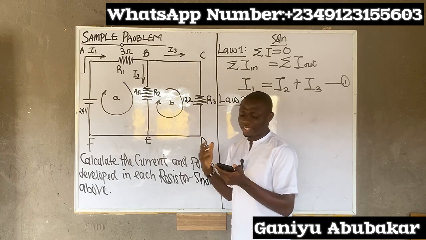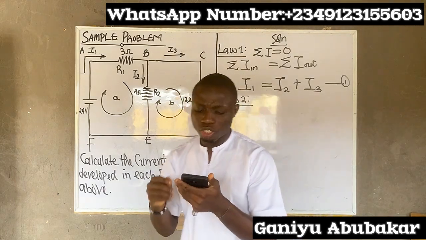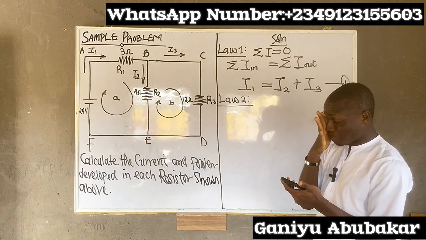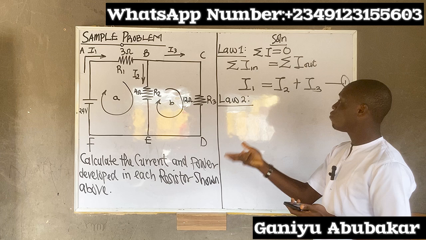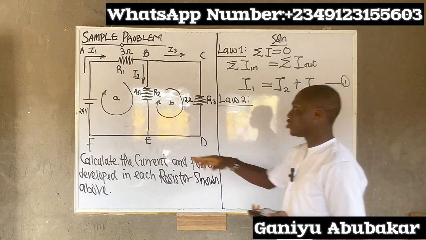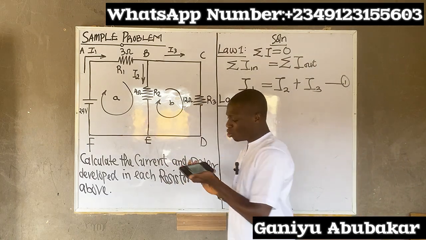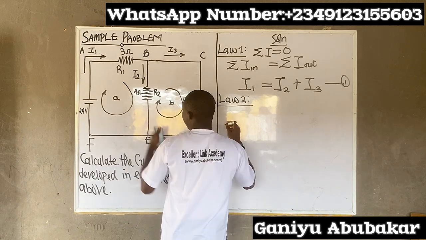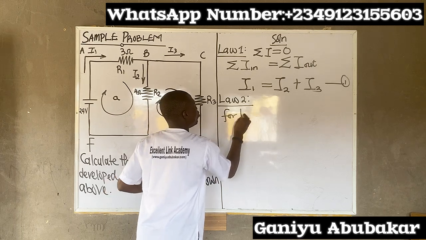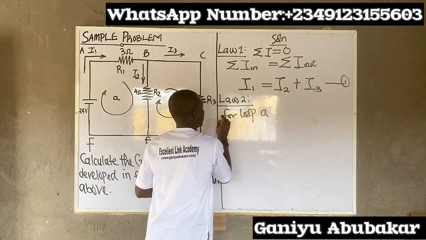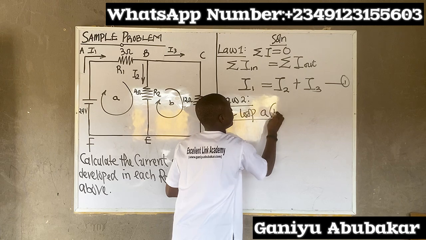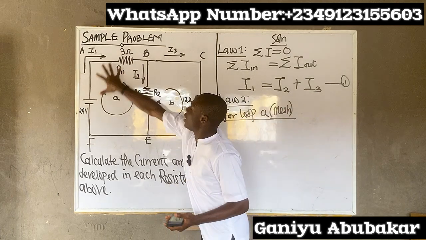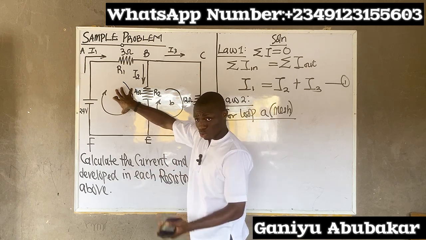My next task is to look for the loop, or mesh. I will apply the second law at section A and at section B. For loop A, also called a mesh, I focus on this place. Why mesh?